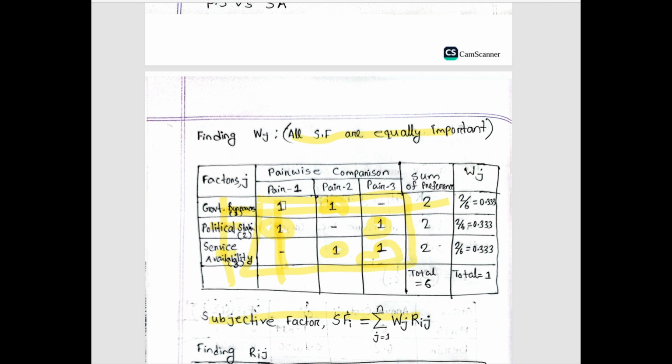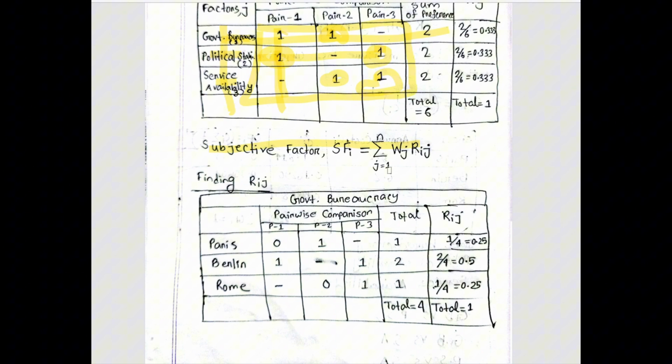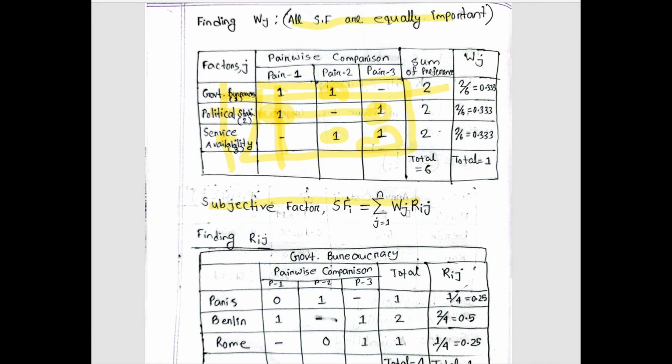The first row has only 2 ones. That means we will put the value 2 by 6. Same for the second row, same for the third row. And again cross-check, the total weight factor, the summation, would be 1, and if we made a mistake, then it would not add up to 1. Now, for the subject factors, we calculated the weight factor from the formula.